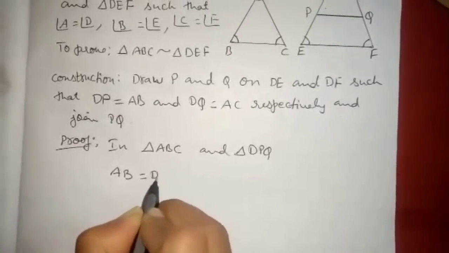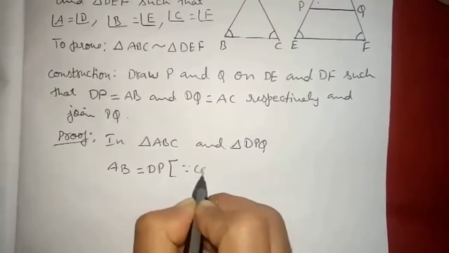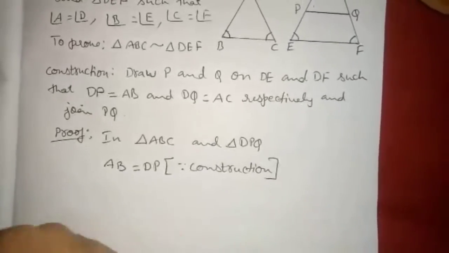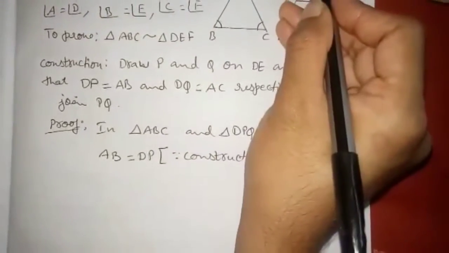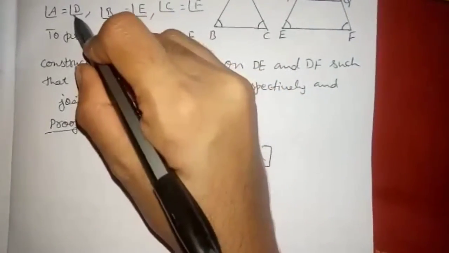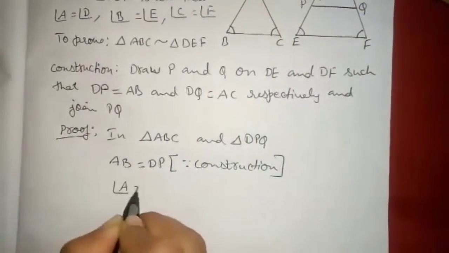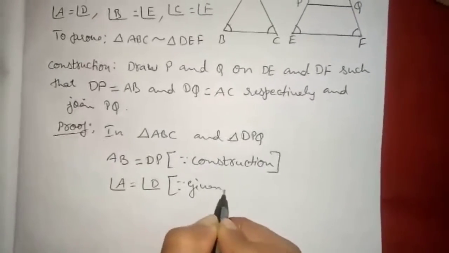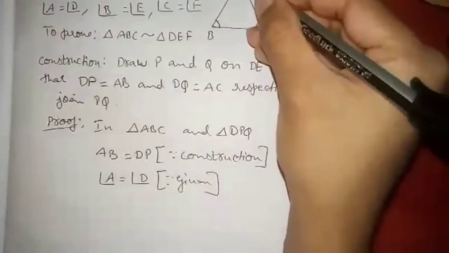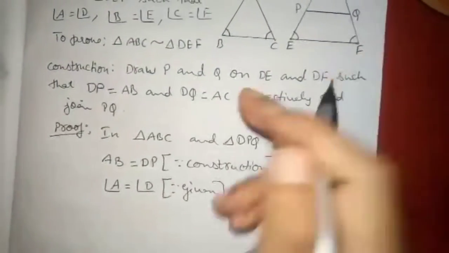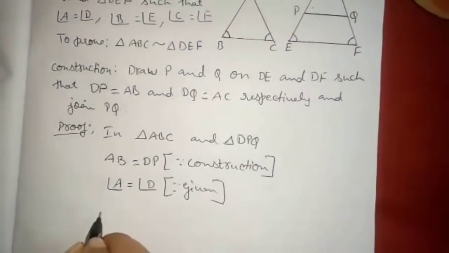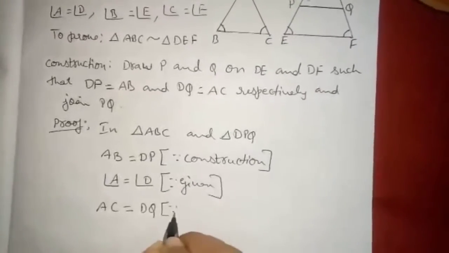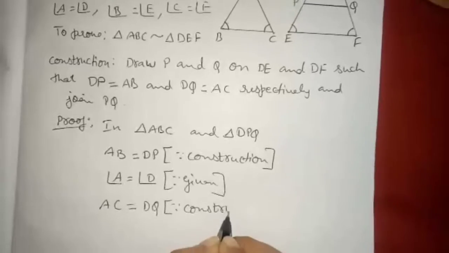The reason is construction. Then angle A and angle D are equal, right? From where did you get it? From given. Then AC is equal to DQ, which is also from construction.